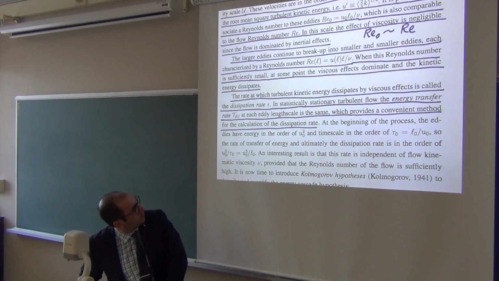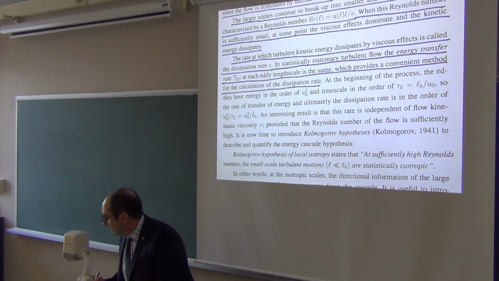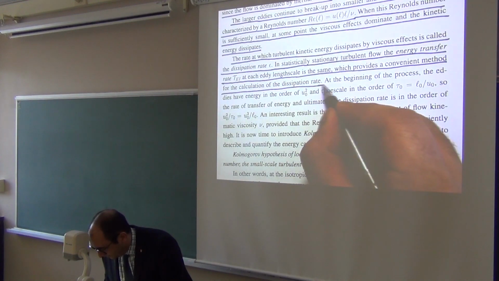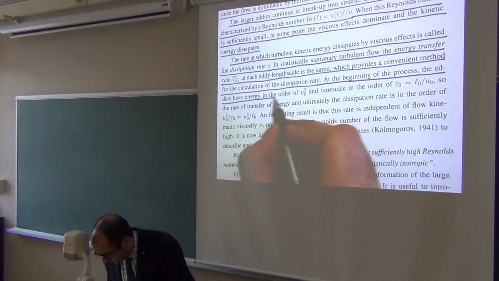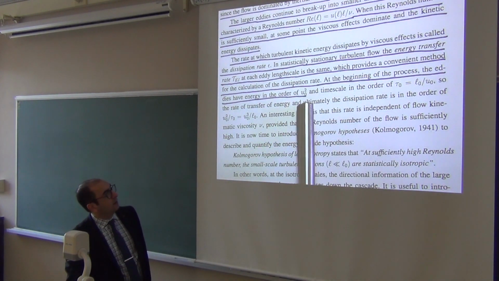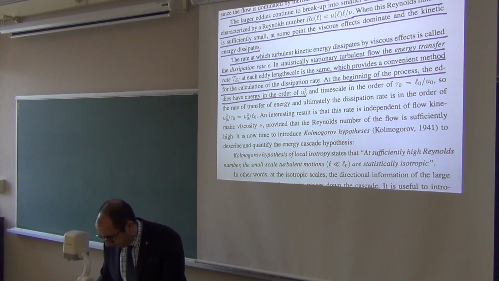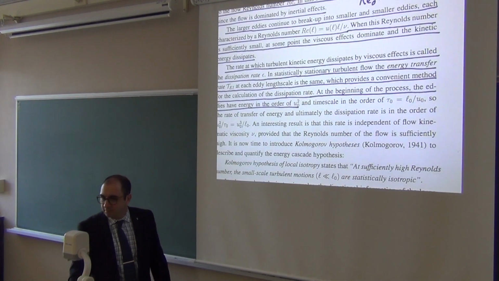At the beginning of the process, the eddies have energies in the order of U naught squared. Remember, in physics, kinetic energy is half m v squared, right?